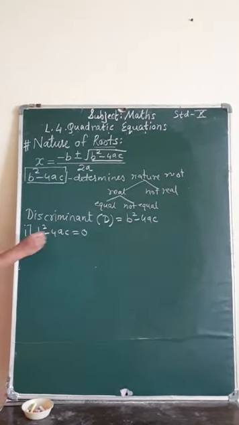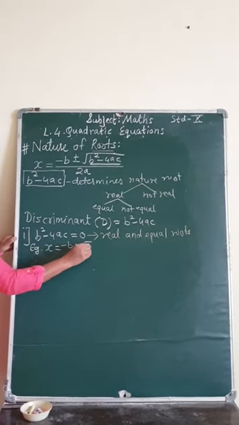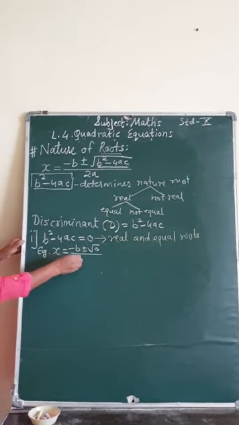For example, if we substitute b square minus 4ac equal to 0 in these roots, what do we get? Minus b plus or minus the square root of 0, upon 2a.